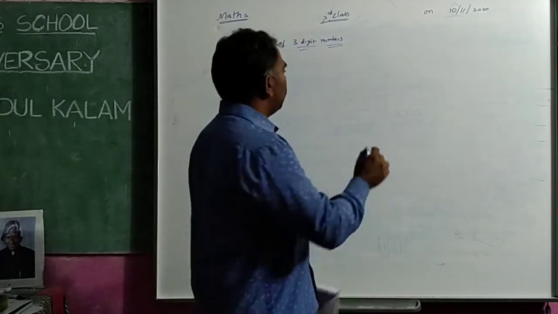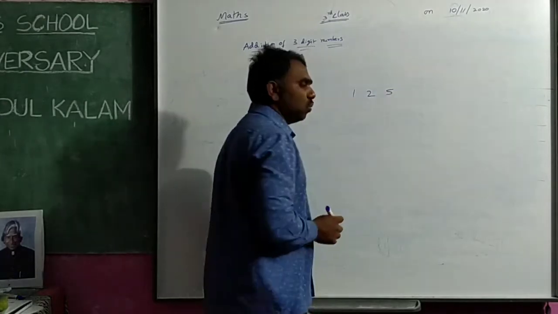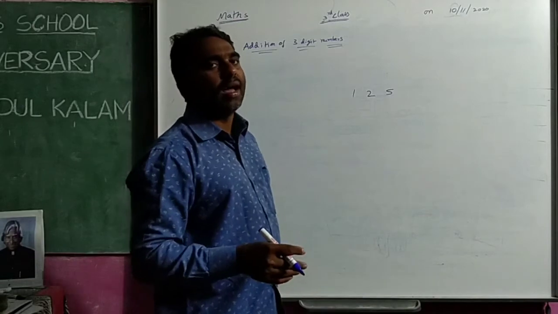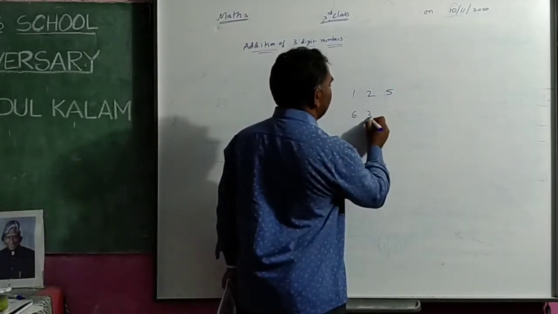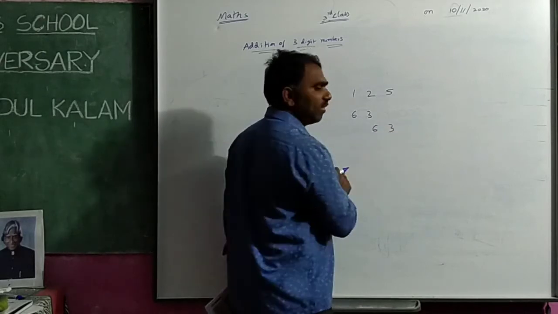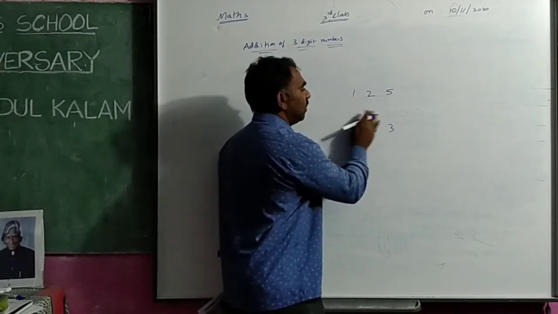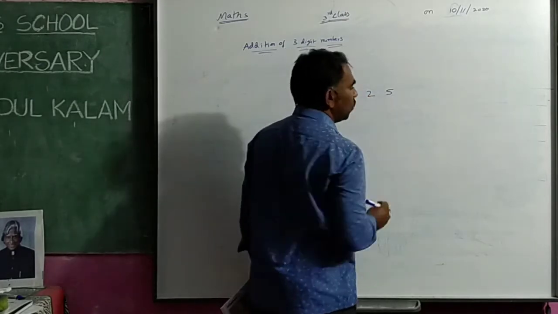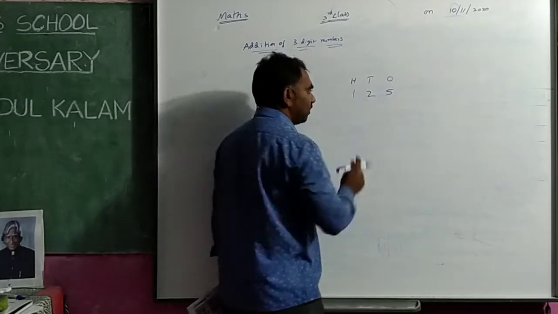So you see, 125 marbles are there with Raju and 63 marbles are there with Krishna. So where do we write 63 here? Can I write like this or like this? Yes, very good, this is correct. This is wrong. Why is it wrong? In 125, these are ones, these are tens, these are hundreds.